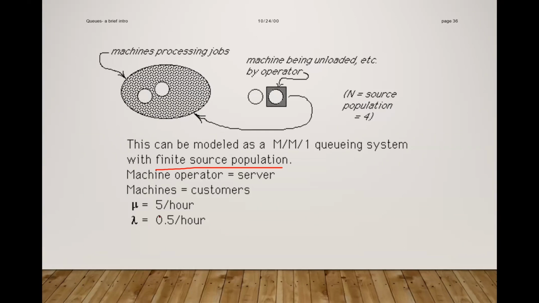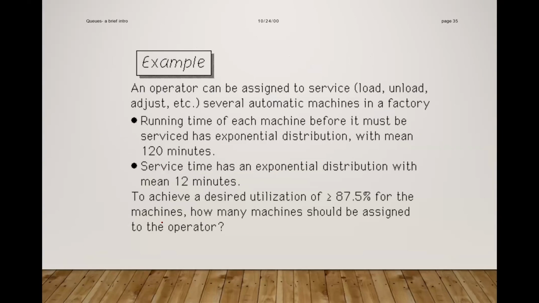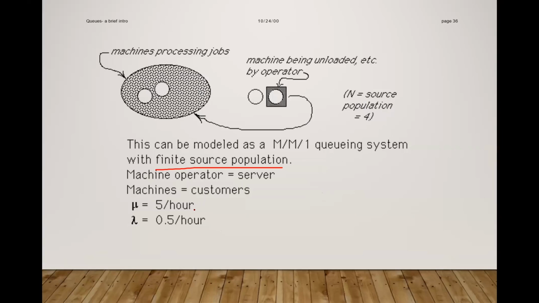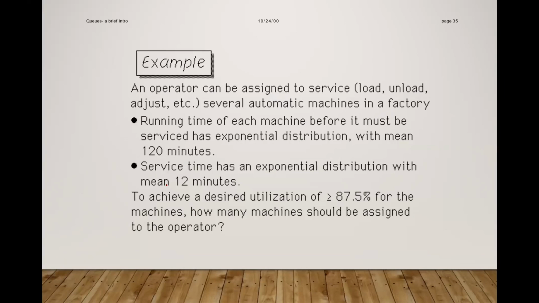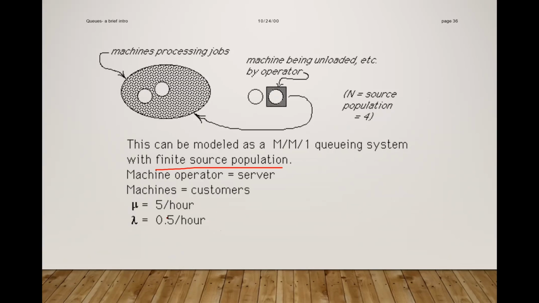So 5 per hour and 0.5 per hour. Of course, makikita din natin yan dito sa service time. Okay, so 12 minutes, 5 times 12, 60, correct? And arrival rate natin is 0.5 per hour. Okay.